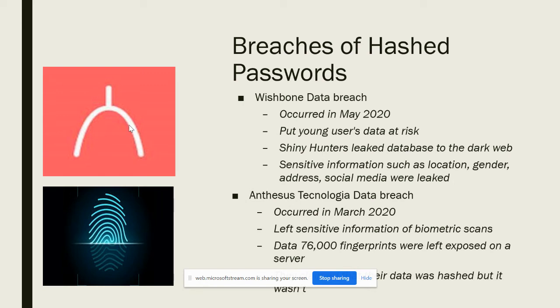The experts pointed out that the severity of the breach could have been limited if the data was properly encrypted. Wishbone at the time was using MD5 passwords, and although they were using hashed passwords, hackers were able to decipher them.